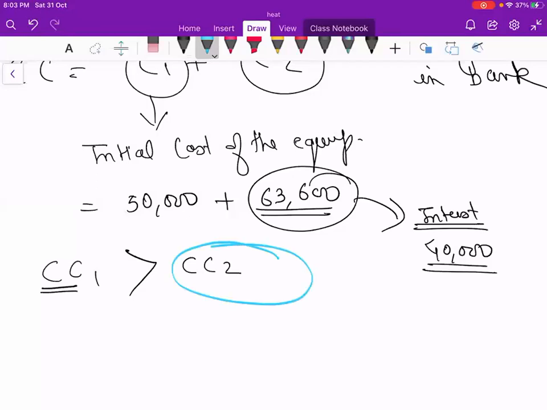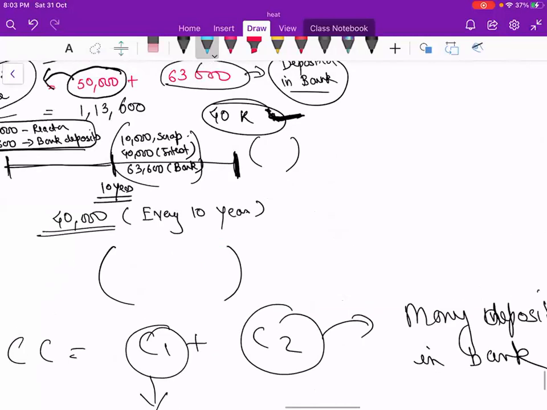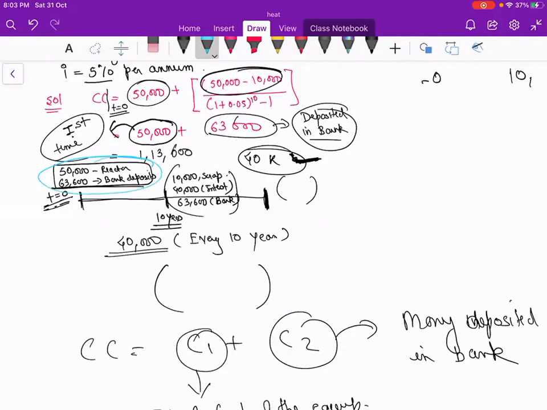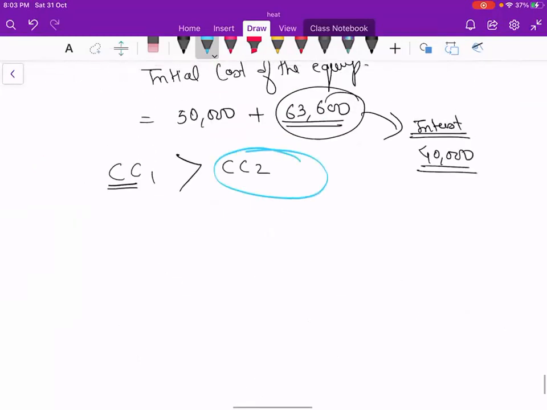Because it is the least money we will be requiring at time t equals to 0. This is the money we are requiring at the time t. Suppose it is 1 lakh 13,000 coming, and the other is 1 lakh 12,000, so which is good? Obviously less money is good.